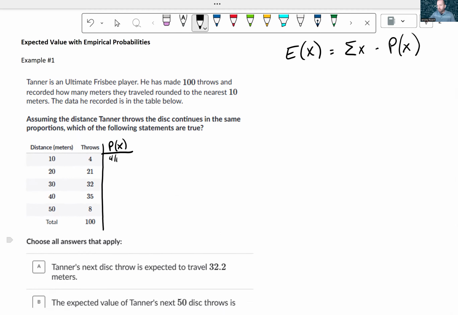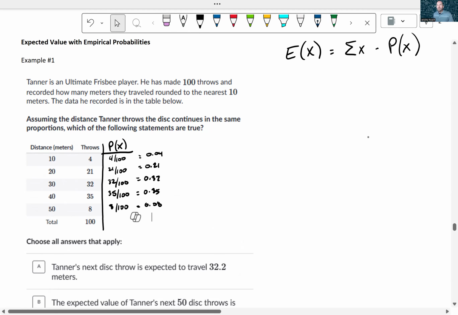So 4 over 100, 21 over 100, 32 over 100, 35 over 100, and 8 over 100. And we can write these all as decimals too. This is 0.04, 0.21, 0.32, 0.35, 0.08.